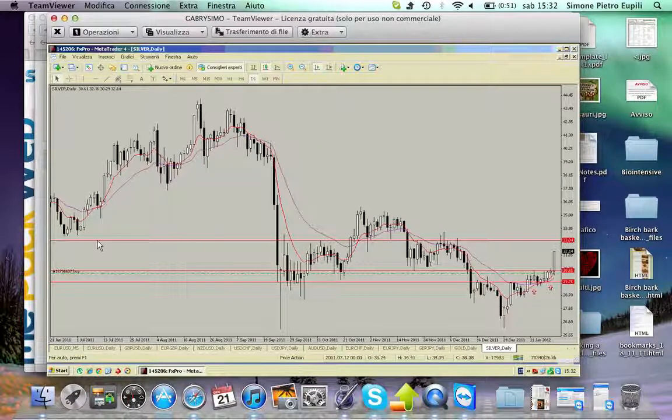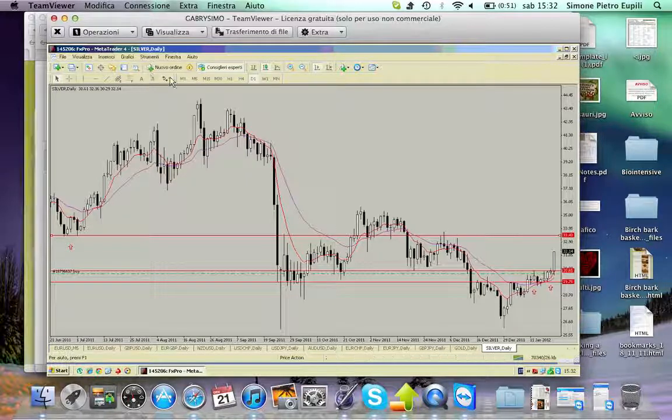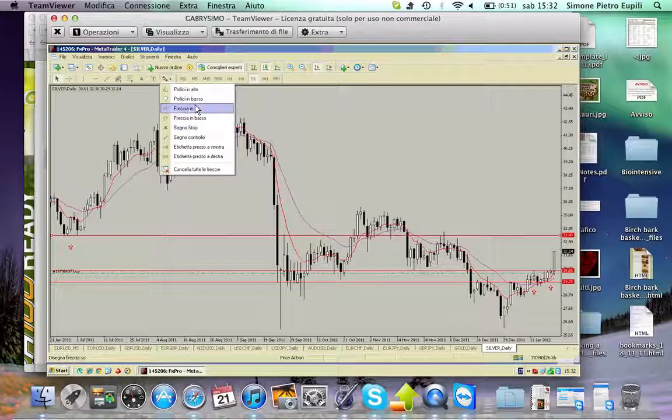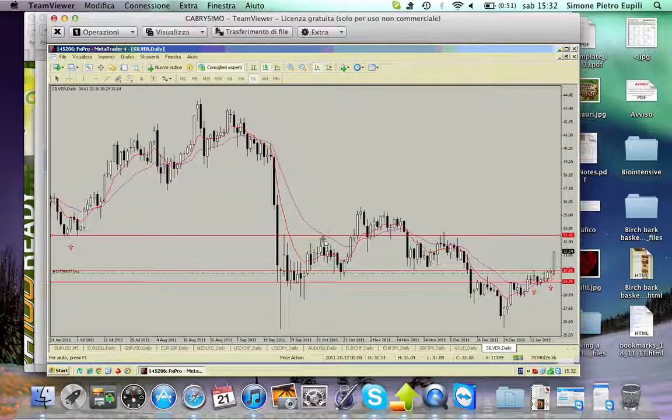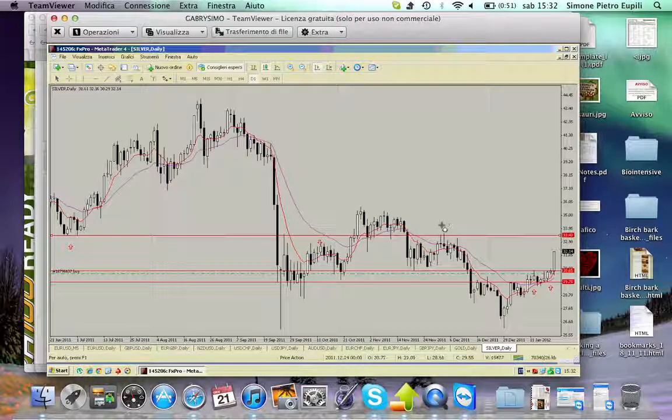You can see where the price bounced several times here. It happened here and here and here.